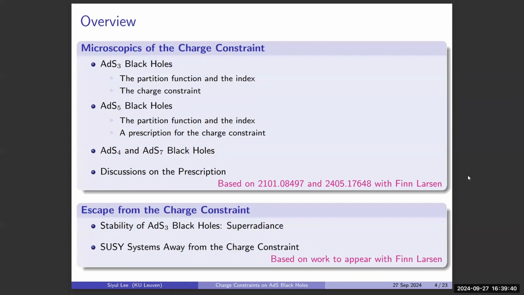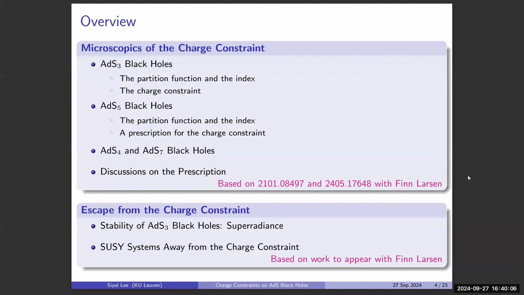I'm calling this a prescription because not every step of it is fully justified, but somehow if you follow the prescription, you will get a very non-trivial answer. And the fact that it's non-trivial is supported by the fact that this prescription works perfectly well for electrically charged AdS4 and AdS7 black holes as well.